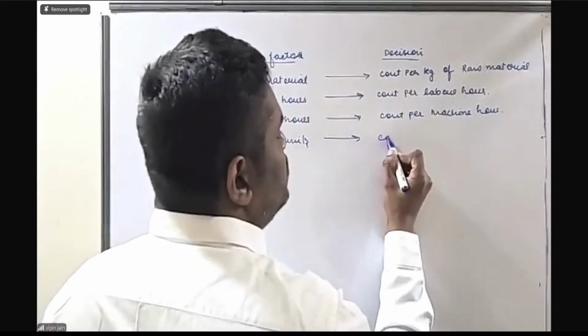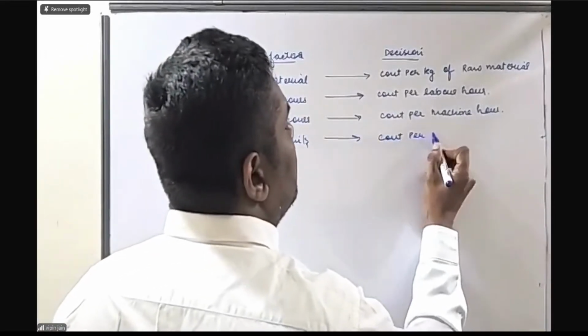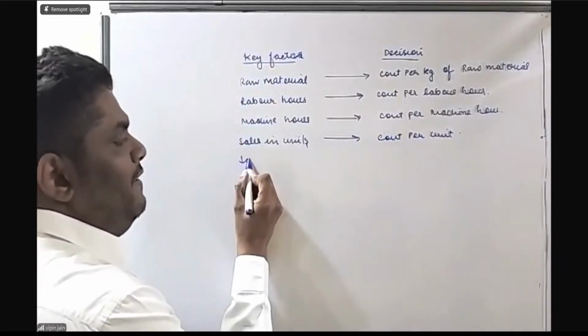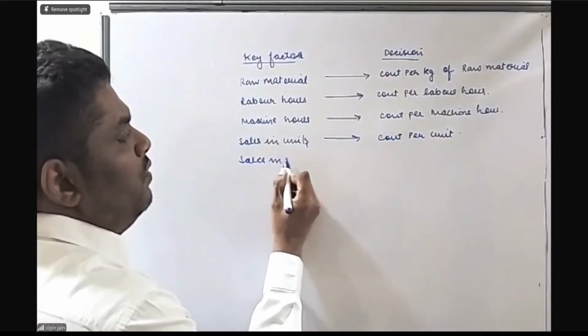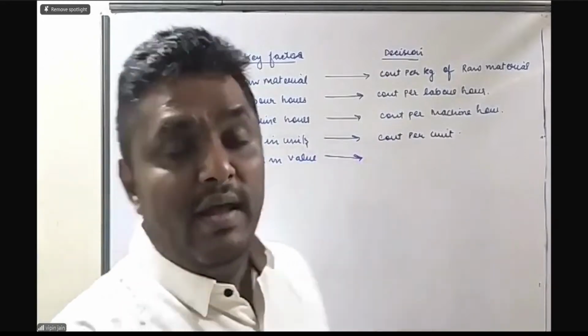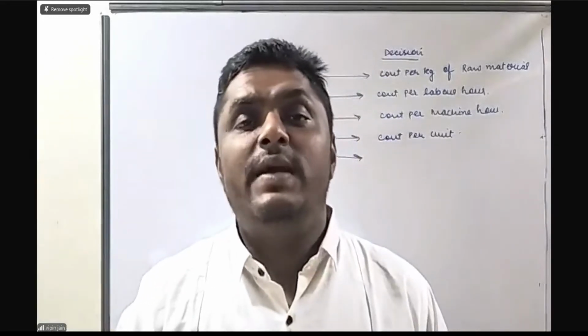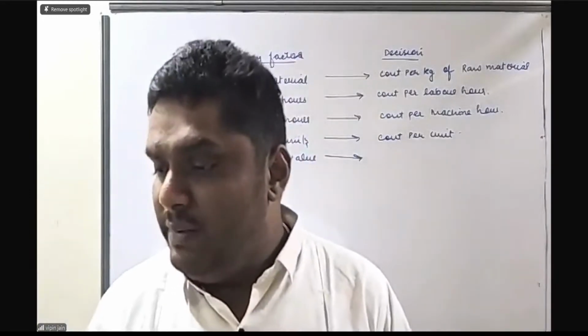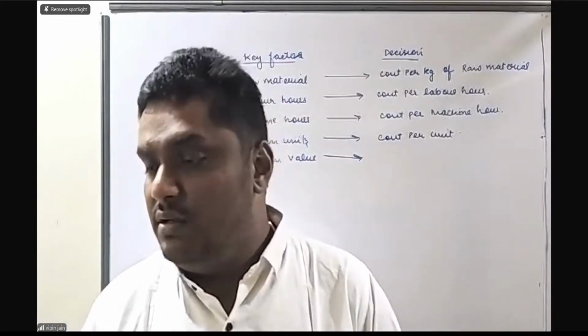So then, if sales in value is the limiting factor. Let's say we cannot sell more than 80 lakh of products overall, 80 lakh. So can you guys tell me what will be the basis of decision?